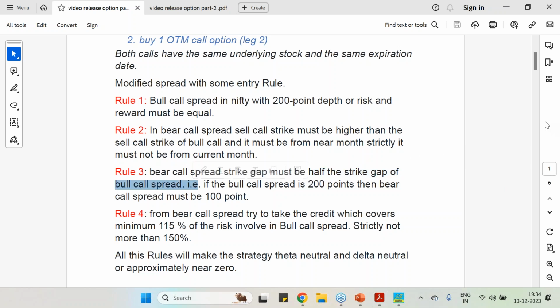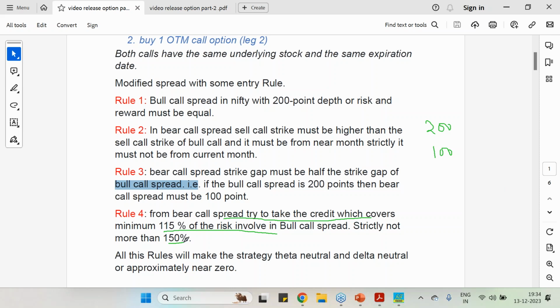The bull call spread we found has a 200-point depth, so the bear call spread should have a 100-point depth. For the bear call spread, try to take a credit which covers a minimum of 115% of the risk in the bull call spread, strictly not 100 and not more than 150%.